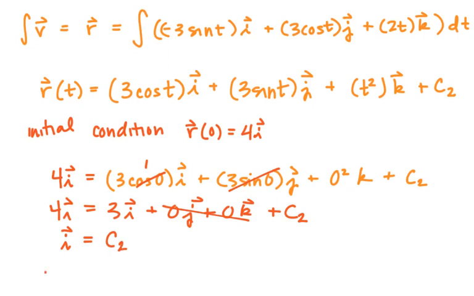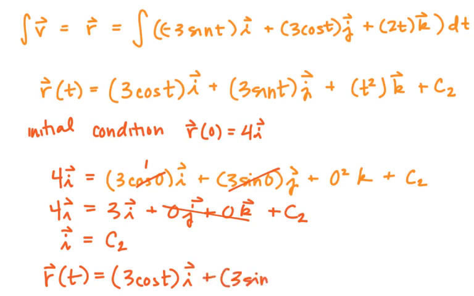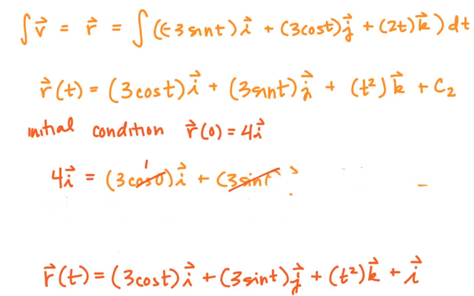So my position vector, r of t, is 3 cosine t i plus 3 sine of t j plus t squared k plus c sub 2, and c sub 2 we just found was equal to i. I've run out of space here, so in order for me to clean this up, I can't scroll down anymore.